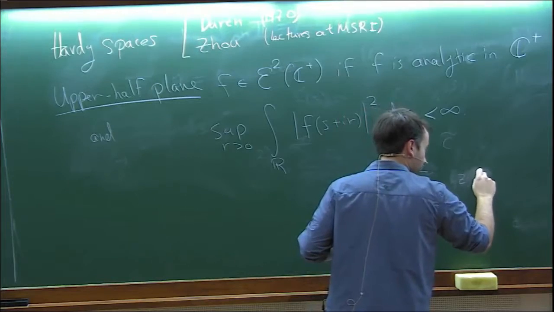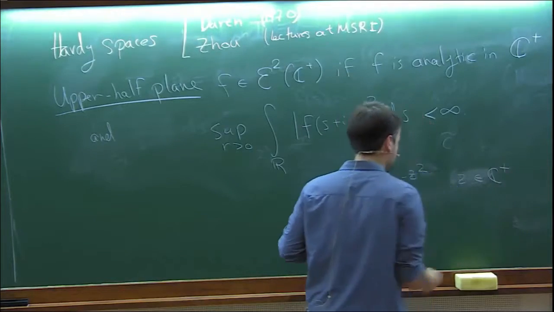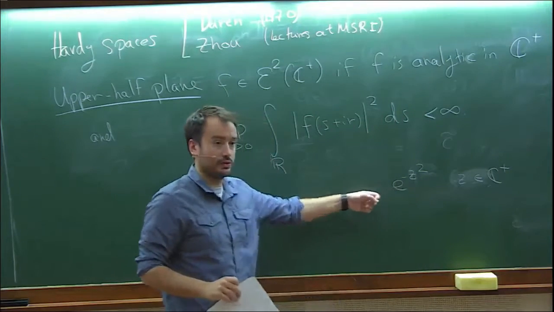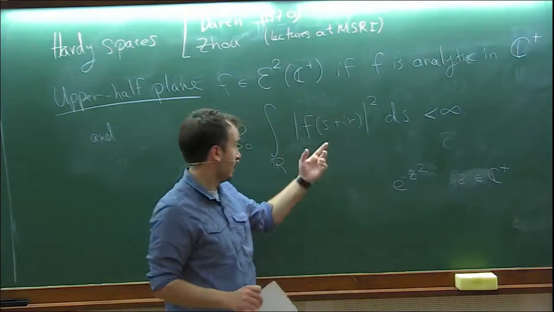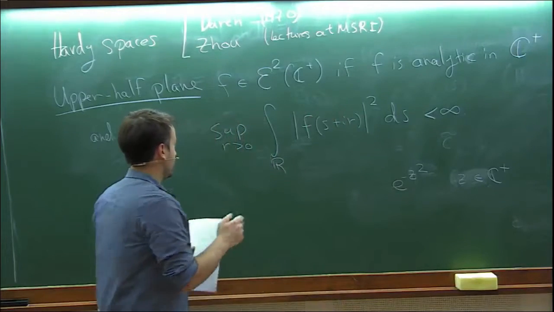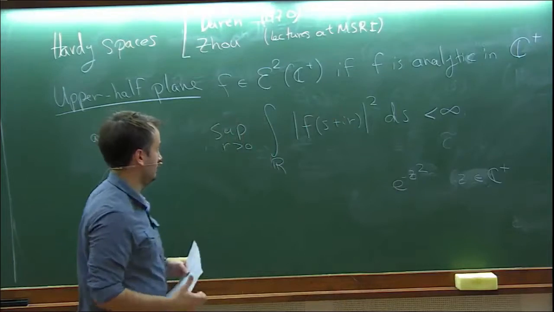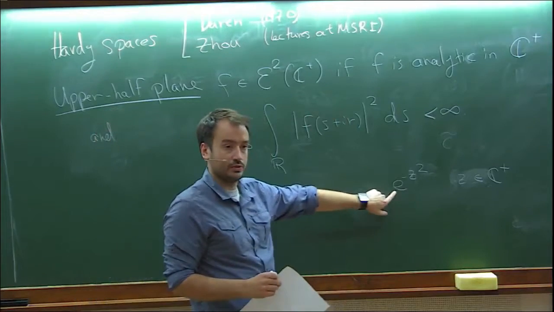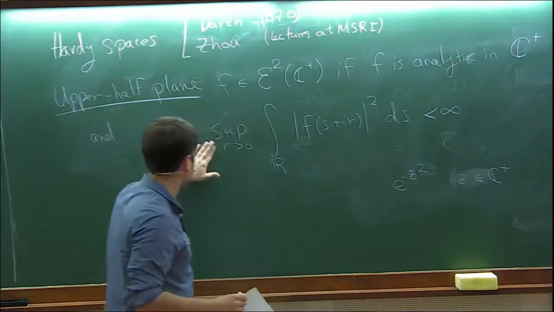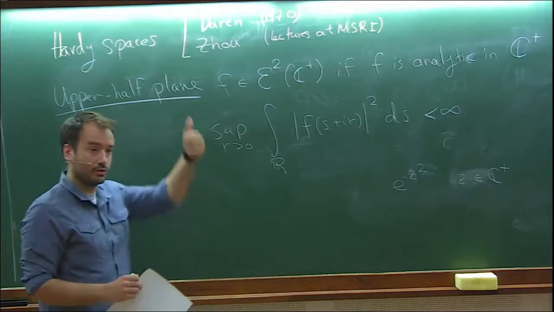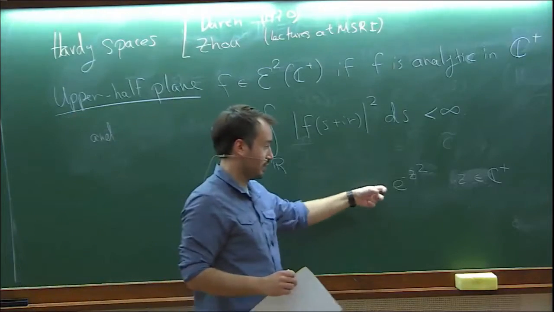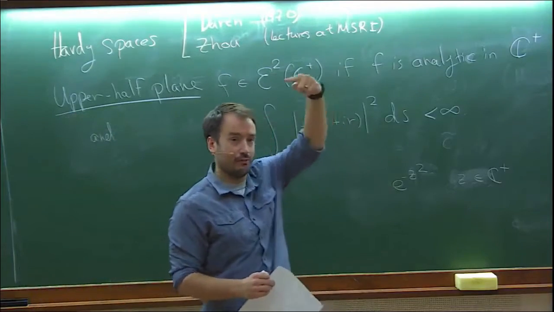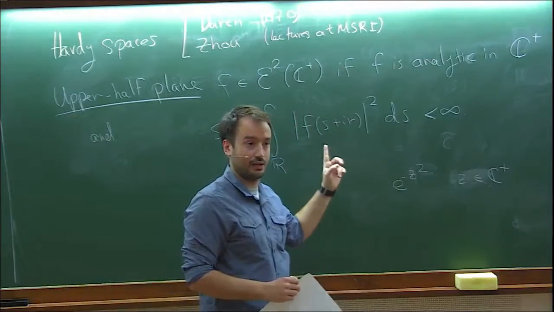Thinking of its boundary values, this actually has nice boundary values on the real axis, and if I did this, it would be finite for this function. But for all R positive, as R goes to infinity, the L2 norm of this function along lines in the upper half plane goes to infinity, and you don't have that.